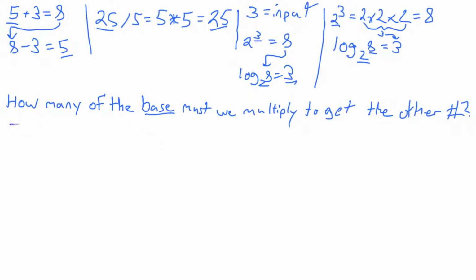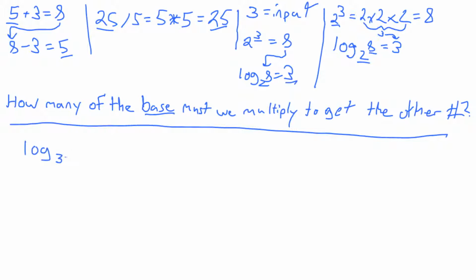So what we're going to do now is go over a few examples and see if we can figure all this out and learn it a little bit better. So let's start with log base 3 of 81. What does that equal? Well, let me start by just giving you another way to think about this. I already told you in words how many of the base must we multiply to get the other number.